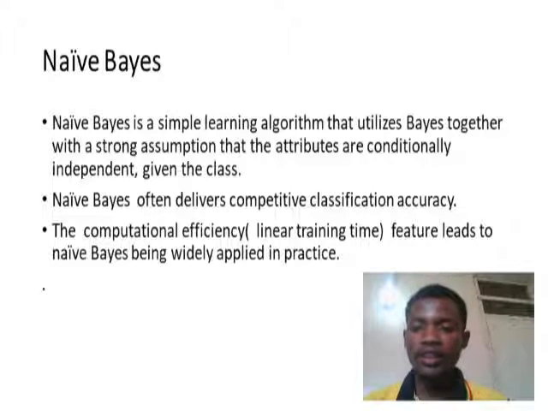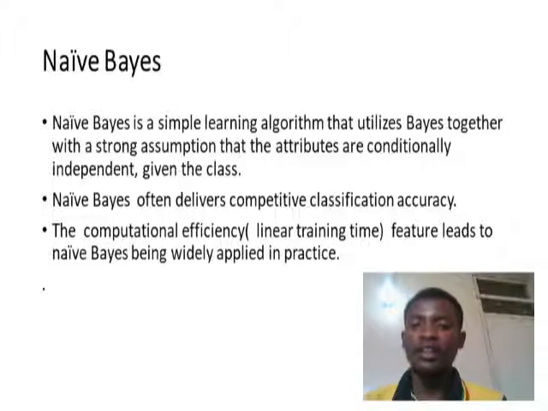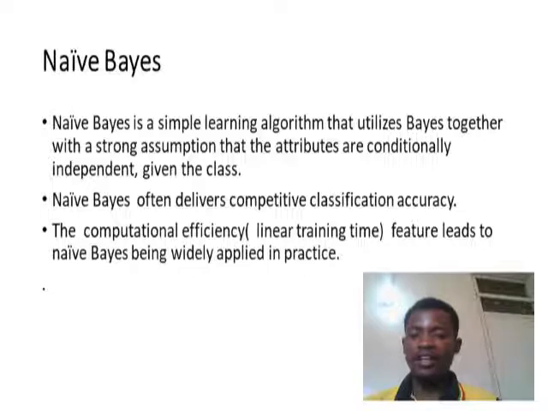Then next, I'm going to take you through naive Bayes. As you hear from the name, naive is a simple learning algorithm that utilizes Bayes' theorem. Naive makes a strong assumption that the attributes are conditionally independent given the class.